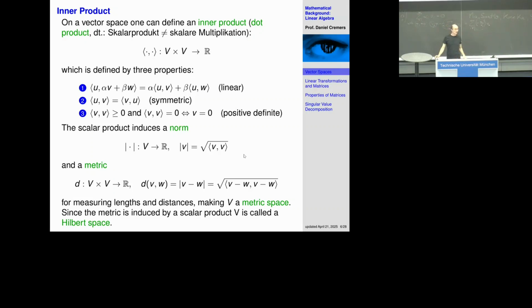For example, I can define distances that correspond to the travel times when I travel from A to B by train. And depending on how reliable the trains are, these distances can be very different. And then it's not necessarily a Hilbert space. Then you have a metric space because you define distances between pairs of elements, but it's not necessarily induced by an inner product, like here.